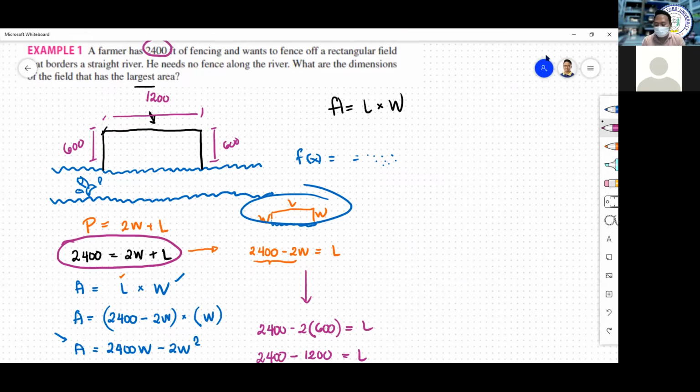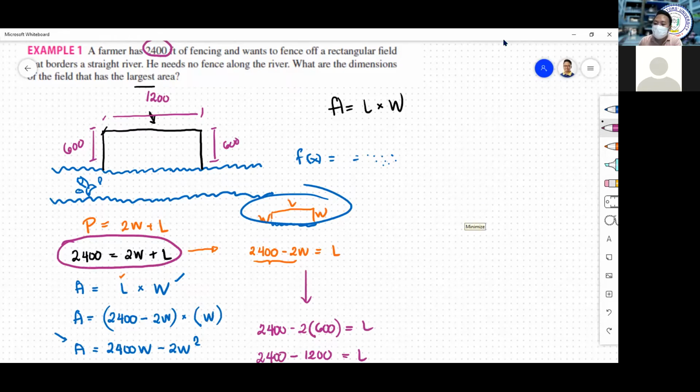That's a very good question. How come we use perimeter from the first part of the problem? That's a good question, guys.